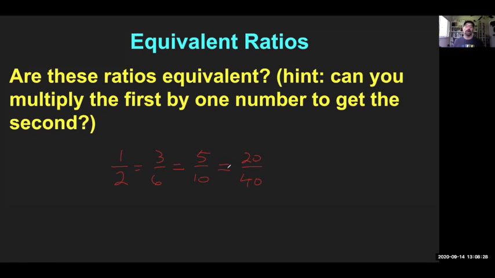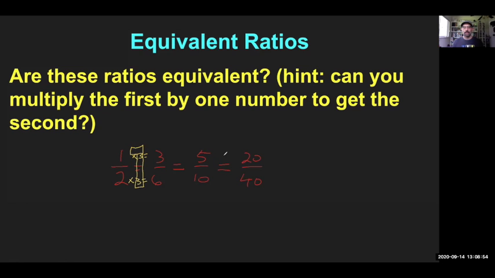These are all equal to each other, and you guys know how to do that. It's really easy. You may not know that you know this, but the way you can tell is if I can say 1 times 3 equals 3 and 2 times 3 equals 6, then I know they are equal to each other, because 3/3 is like having a big number 1, right?